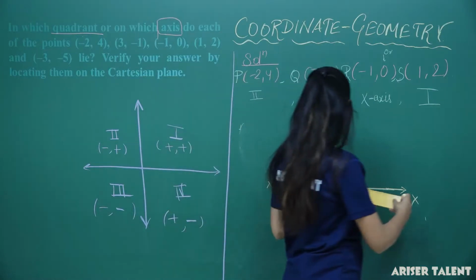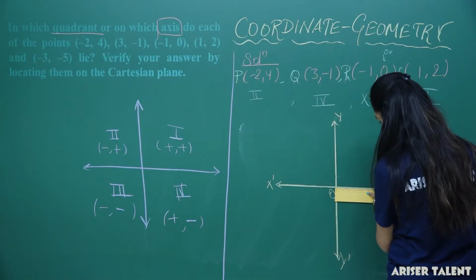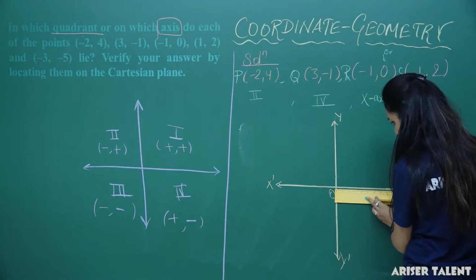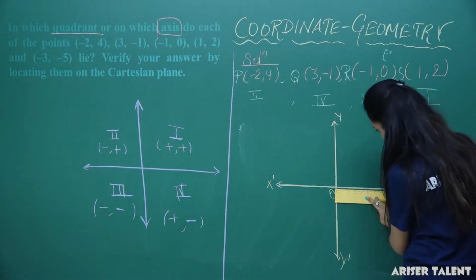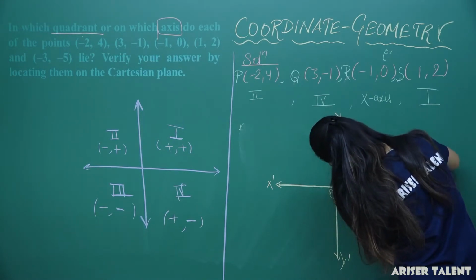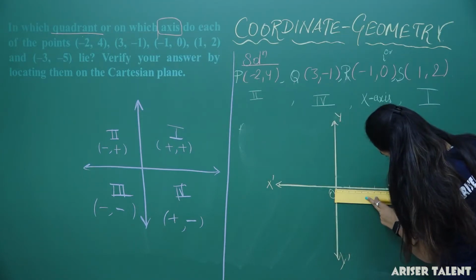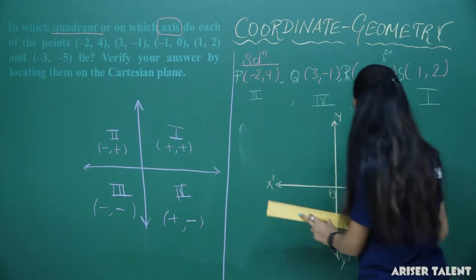Okay, let's see what it is. Yes, I can take it like this. So just mark it. So this is the first one, the second here, third here and fourth here, right?